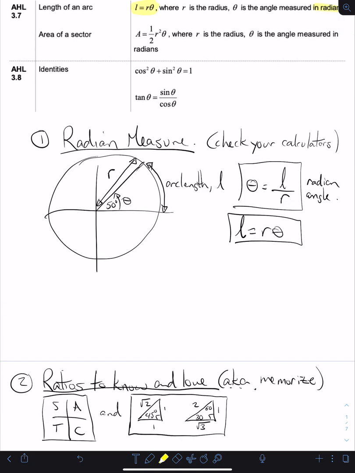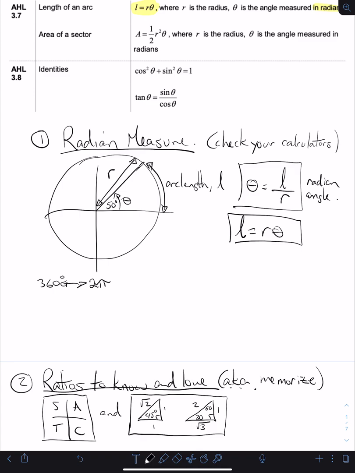Now, the only thing you need to really do, and to be kind of familiar with, besides knowing that formula, is what the conversion rate is. So the conversion rate, 360 degrees, is equivalent in radian measure to 2 pi. Because what's a full circle? What's the arc length of a full circle?